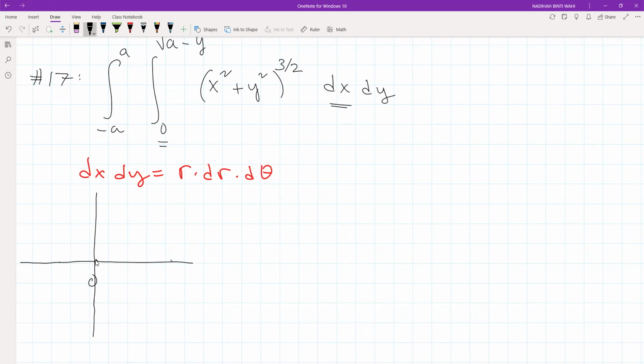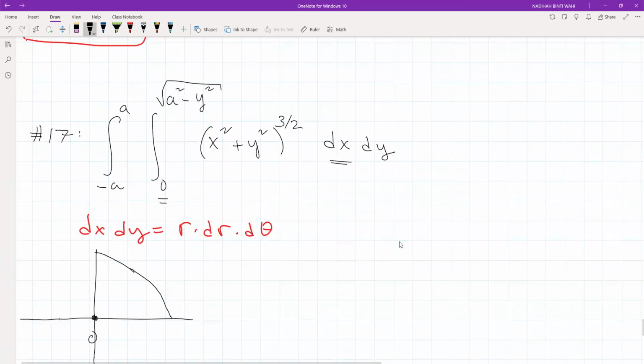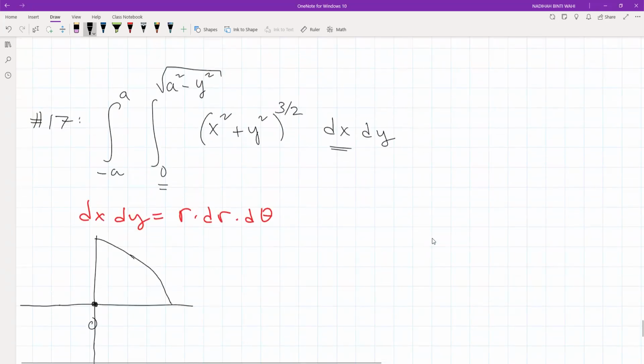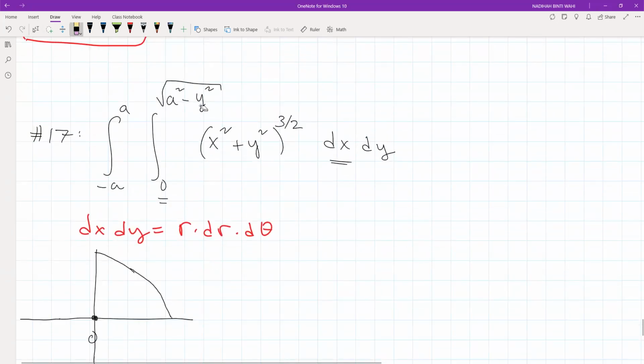So x starts from 0 and then until some function of square root. Wait, because I think there is a problem with this question. Okay, wait, change back. Let's change this one. This is not x. It should be this one. This is x squared and then dy dx. Now it makes sense. Okay, because x goes from minus a to a.